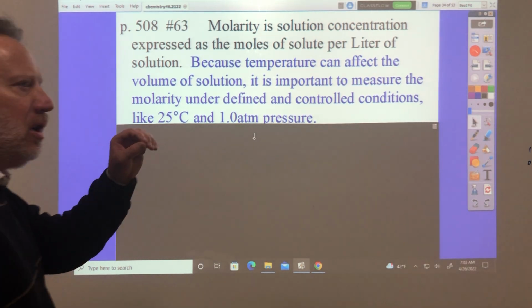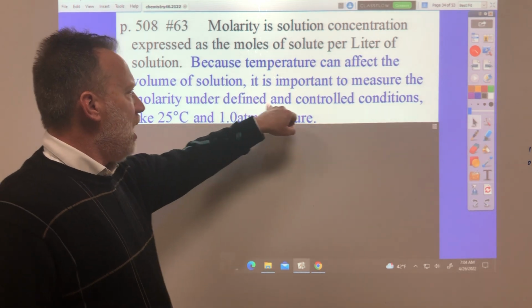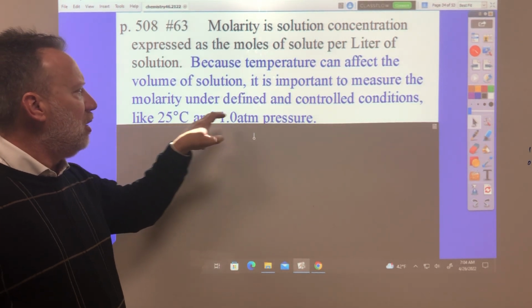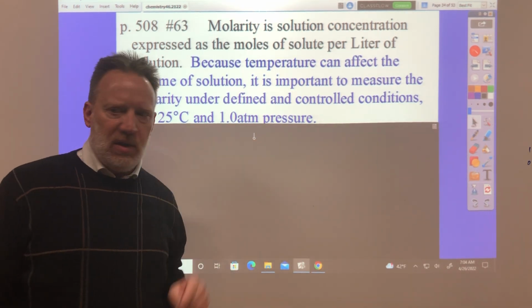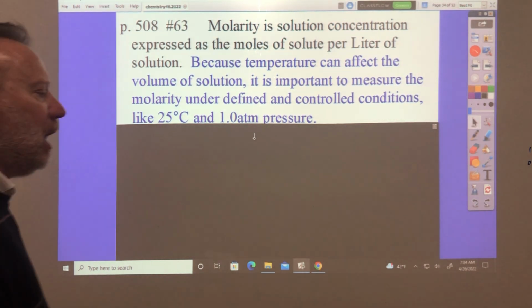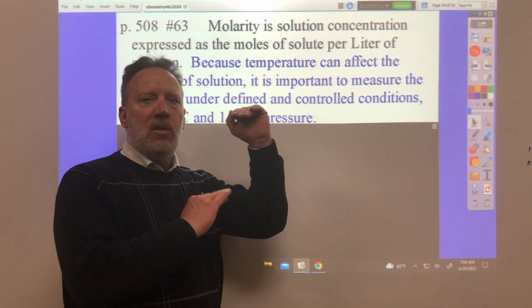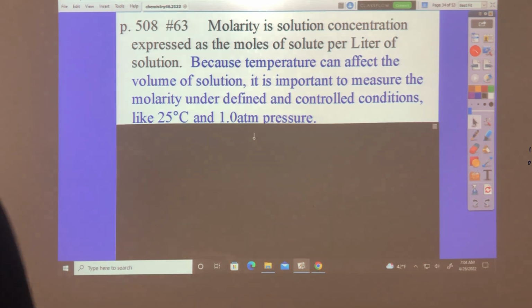If you heat the solution up, the volume will increase slightly. We have to measure all molarities at 25 Celsius in 1 atmosphere, or at least define what they are if it's not this. You don't have that problem with molality, because with molality, everything is based on grams and kilograms, and weights don't change on the balance as temperature changes. I've showed that to you before.